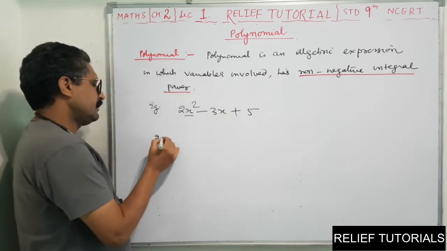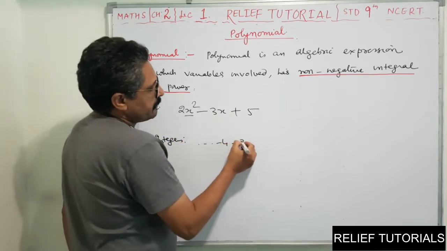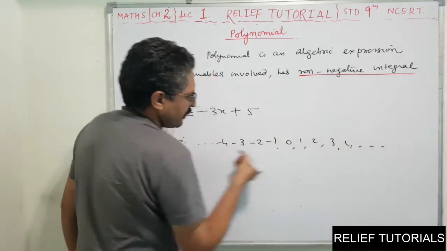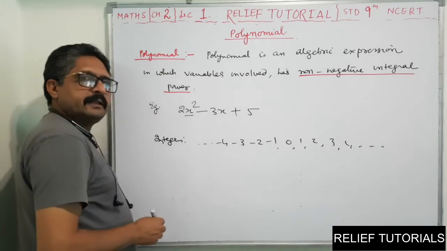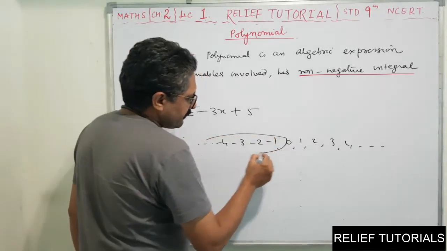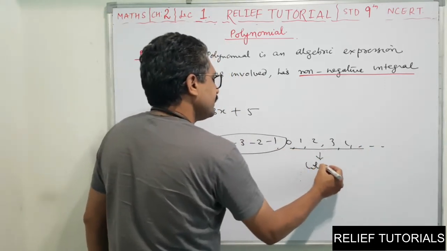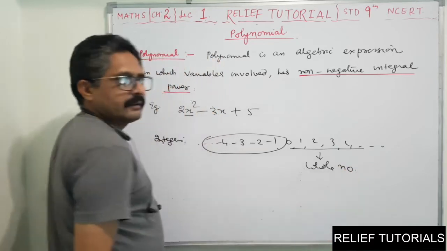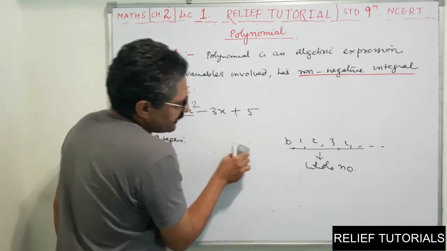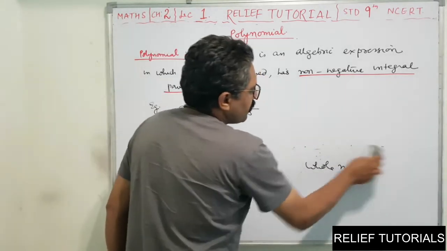Integers are minus 4, minus 3, minus 2, minus 1, 0, 1, 2, 3, 4, like that. So the power should be a non-negative integer, or we can say a whole number. 0 can be the power. In short, it should be a whole number.